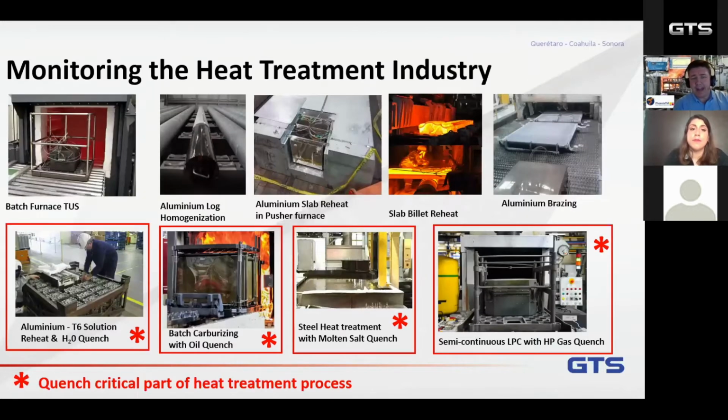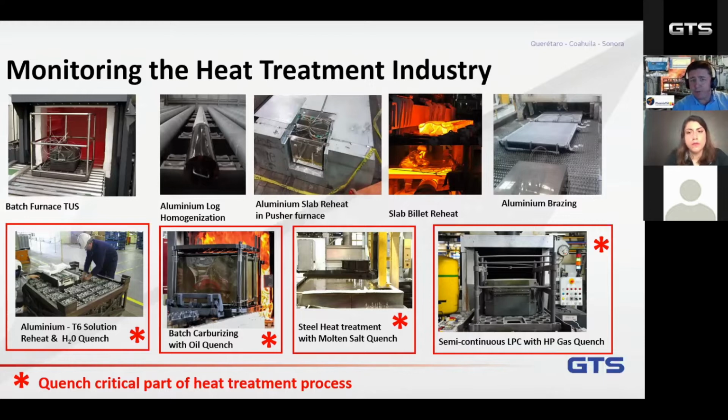Okay, so just to illustrate why monitoring the quench is important, here we have some examples of typical heat treatment applications that people may wish to monitor. There are 9 applications on the slide, but you'll notice that the bottom 4, each one of them involves not only the heat treatment furnace or the heating of the product, but a subsequent quenching step where the product is rapidly cooled from the set point temperature achieved in the furnace to a nominal cool temperature under controlled conditions.